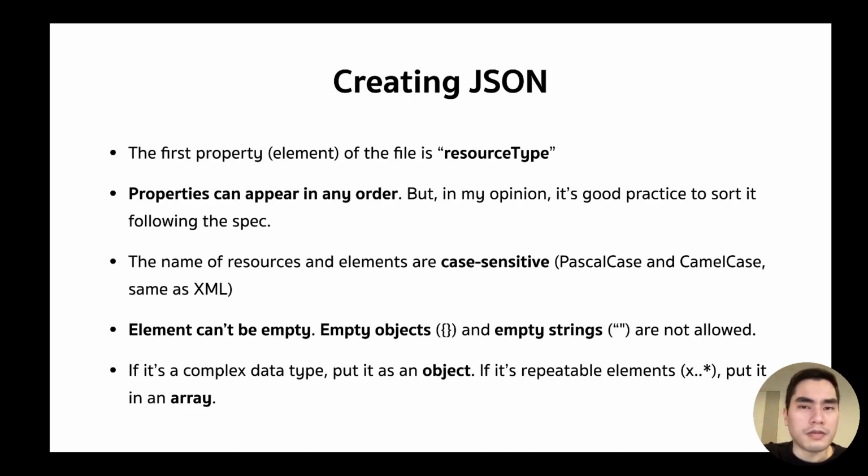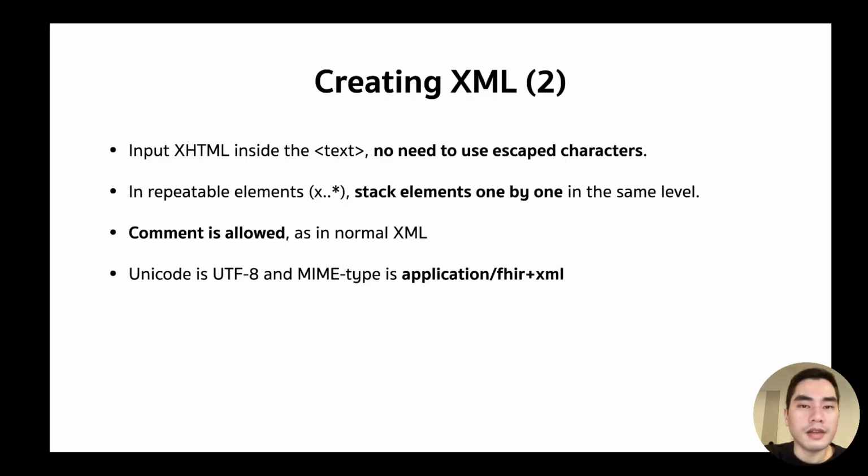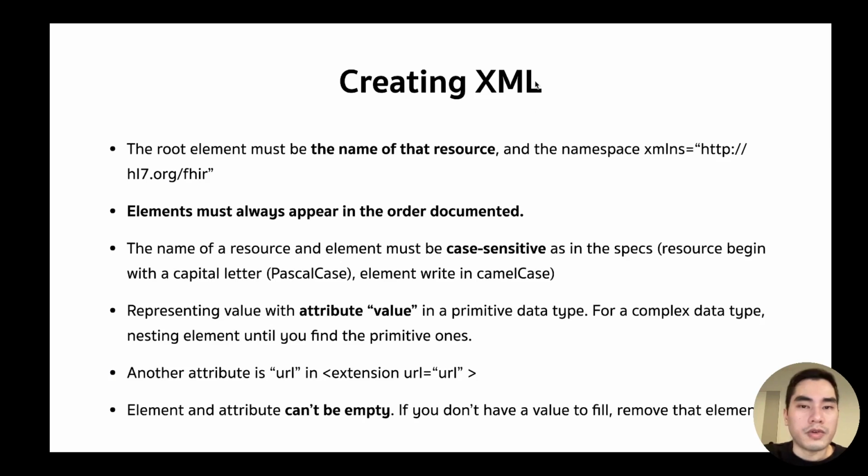But I would say RDF is rarely used. I mean, RDF is used by some people, but most people will use XML or JSON. For me, I use JSON a lot because it's easier. But you still have to know the difference between the XML and JSON representations of FHIR.